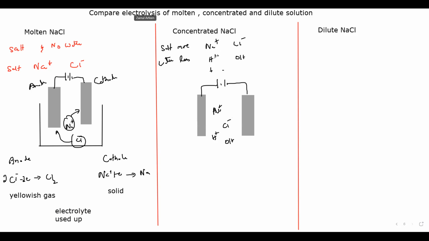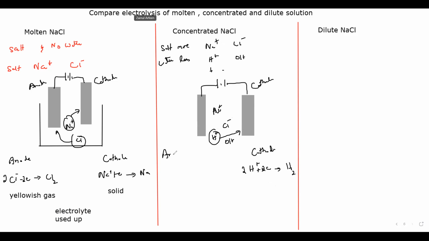Now for positive ions, we check the reactivity. So the less reactive hydrogen ion is attracted towards cathode. What will be the equation for cathode? The hydrogen ions take electron and turn into a hydrogen atom. When two hydrogen ions are there, they take two electrons and turn into hydrogen gas.